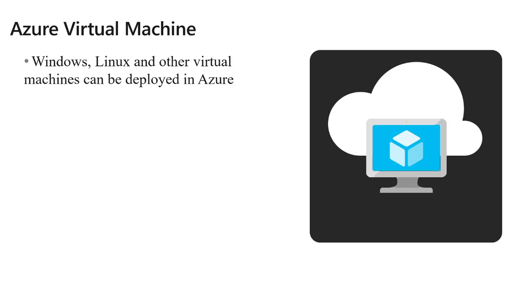You can deploy Windows 10 and Windows 11 on Azure as a virtual machine. Azure also supports the Linux operating systems Red Hat, Ubuntu, Debian, and SUSE. These are the four Linux operating systems Microsoft Azure supports.